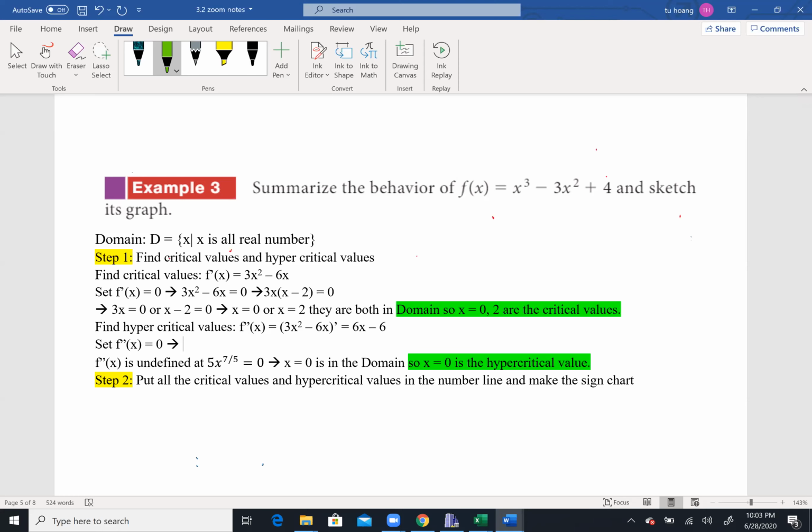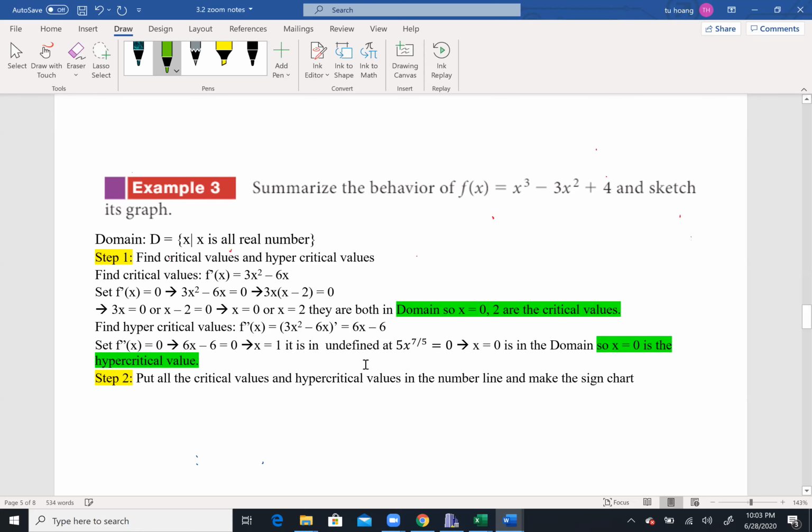That means 6x minus 6 equals 0, and that will give you x equal to 6 over 6 equal to 1. And it is in the domain.